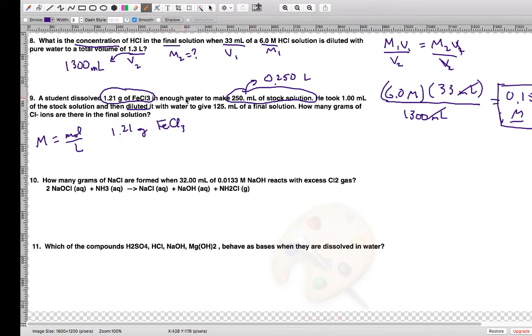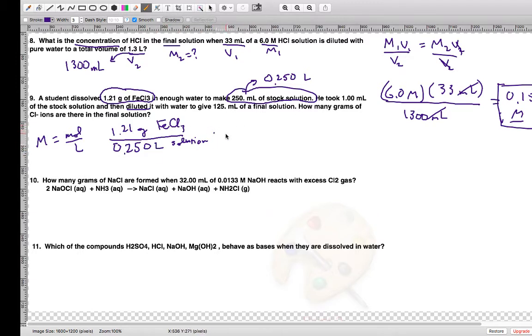This stuff was made into a 250 milliliter stock solution, so I choose to do it all in one go. This is a 0.25 liter solution. That's why I could put it into a fraction like that.